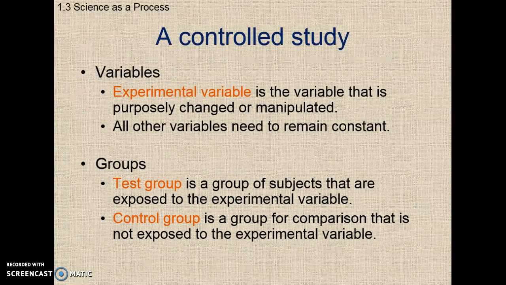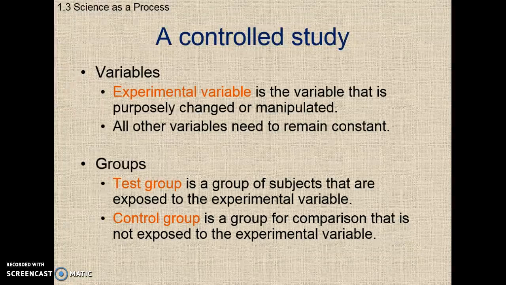With a good experiment, you're going to have different variables. You want to be able to control for things within your experiment. So you have the experimental variable, which is the variable that is purposely changed or manipulated, and all other variables need to remain constant so that you can actually determine that what you are experimenting with is the cause if you see any differences.